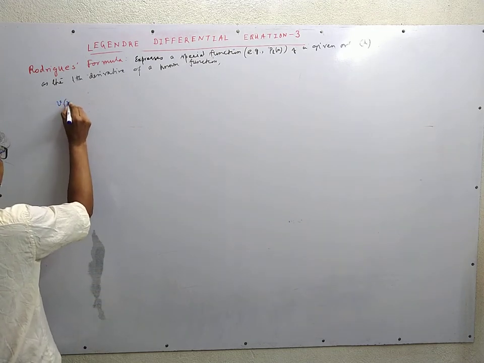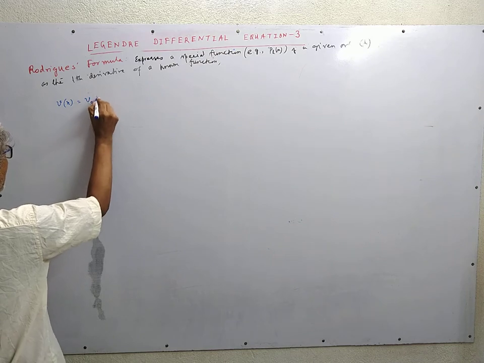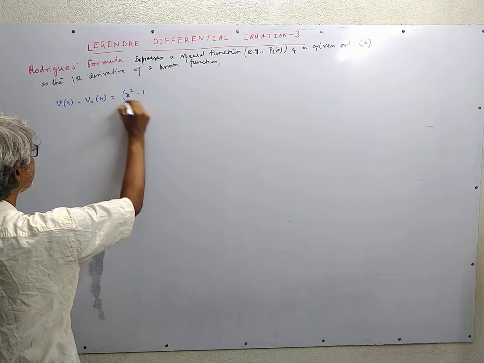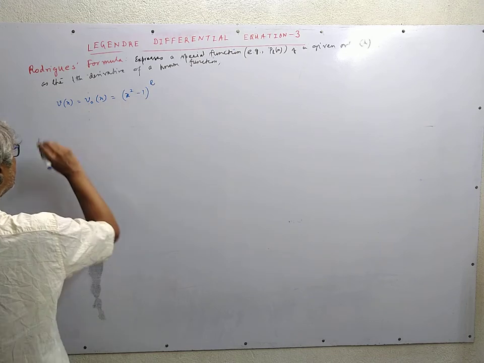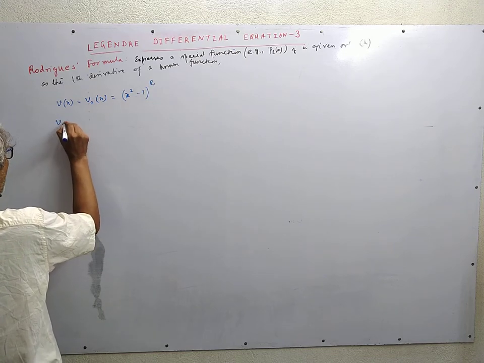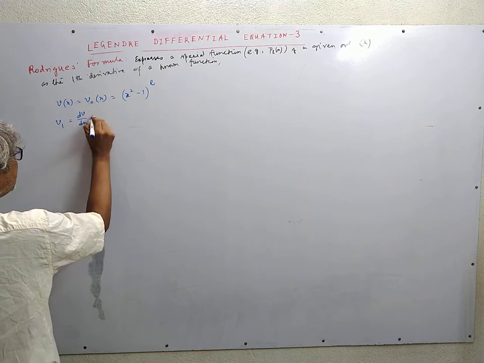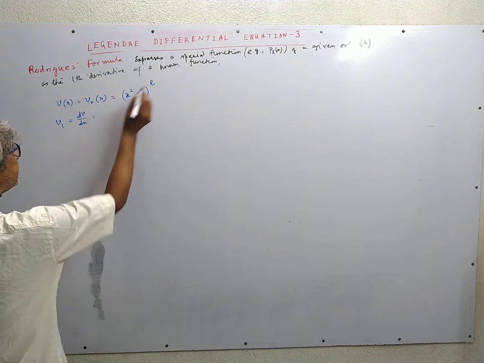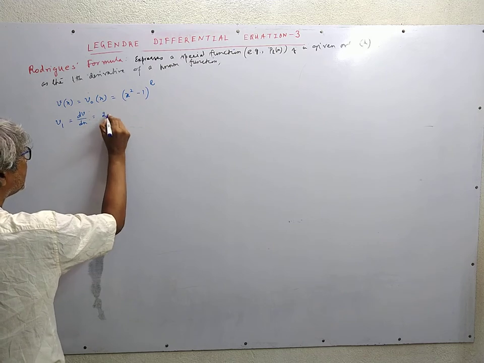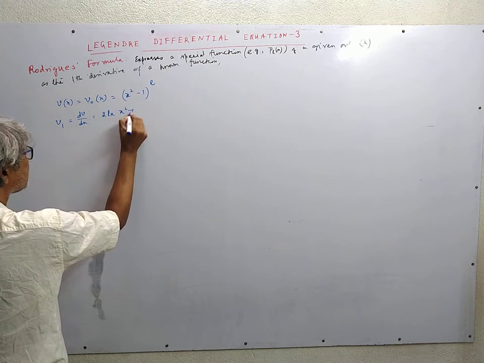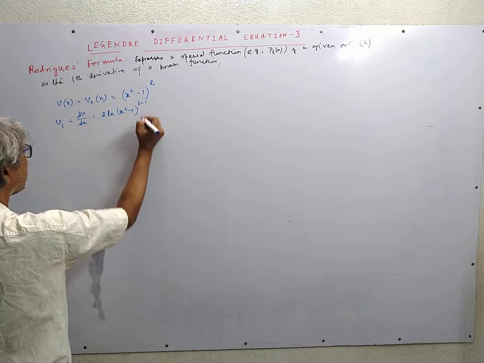So we start with this. V of x is equal to V0 of x is equal to x square minus 1 to the power L. Now we define V1 is equal to dV/dx is equal to twice L x times x square minus 1 to the power L minus 1.